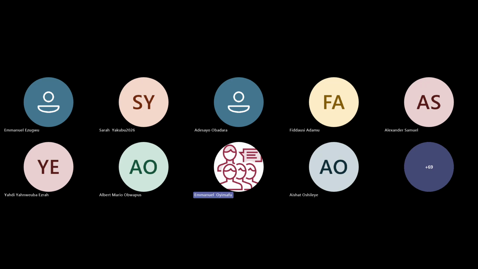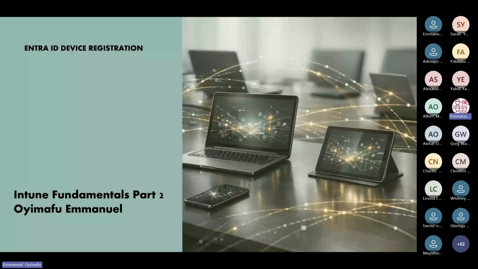If you can see my screen, you can just give me a thumbs up. So I know you can see my screen. Just a thumbs up. Okay, thank you. I can see some thumbs up. So it means that we can see my screen.